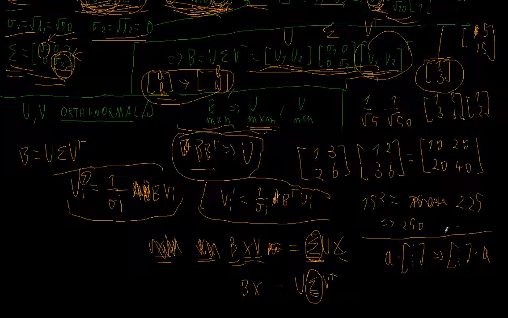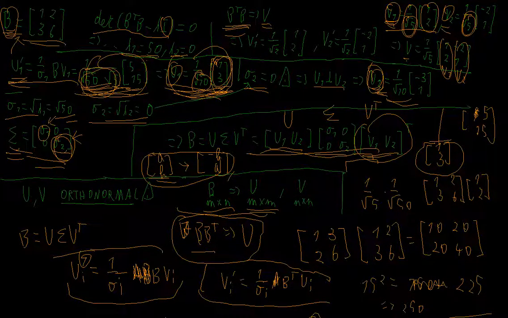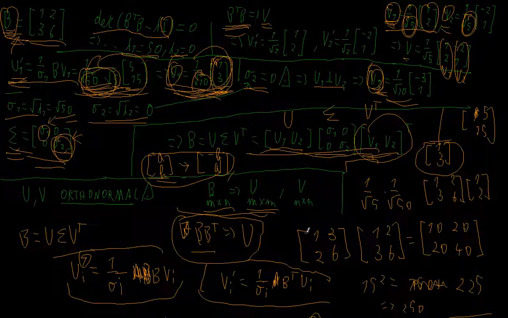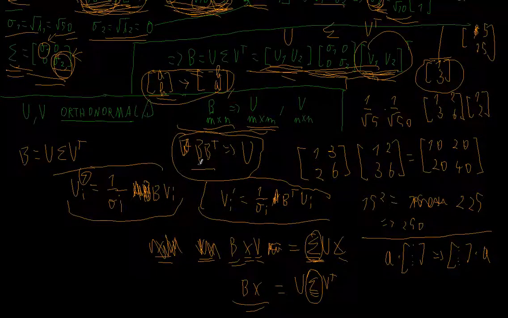Basically, we had some random vector and applied this transformation to it, and we claimed that it's the same thing as having another basis U and applying the singular values to it, the same as if we had our original vector in the basis V and applied B to it. That's the geometrical meaning of what we did.